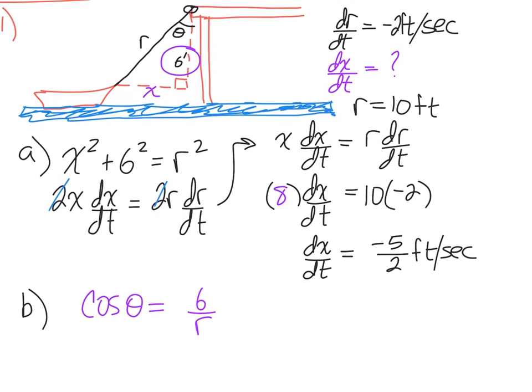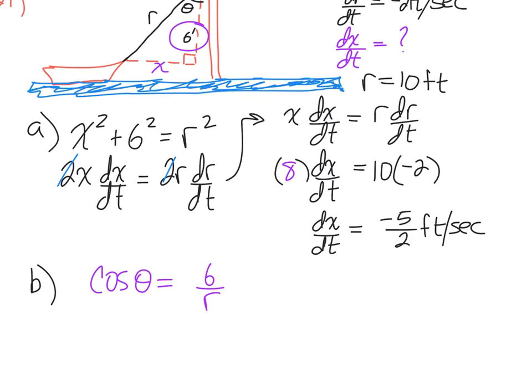Although even if I did leave it as a variable, at some point, if I got a dy dt, I'd be like, oh wait, it's not changing, so dy dt has to be equal to 0 anyway. All right. So we take the derivative, but before we do that, let's just make it a little more power rule-y. Cosine of theta is equal to 6r to the negative first.